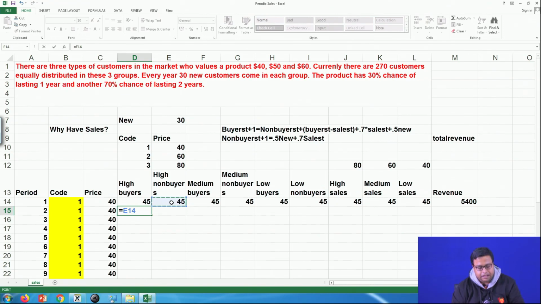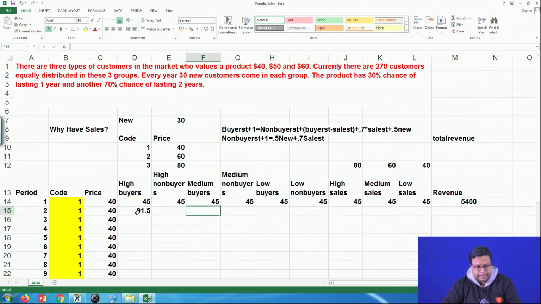So they might be the buyers, plus buyers at t minus sales at t, plus 0.7 into sales at t, plus 0.5 into new, and new I will put as F4. So these are the buyers that I am getting.